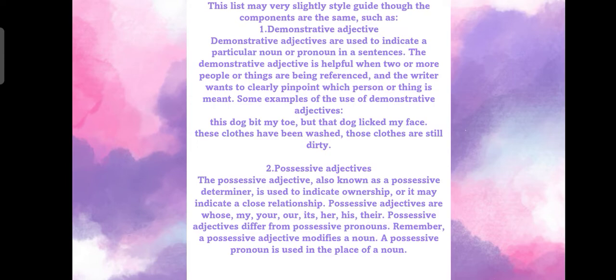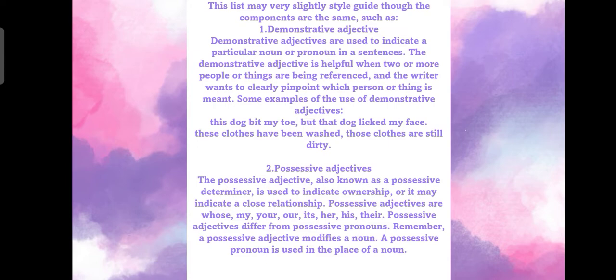Some examples of the use of demonstrative adjectives: This dog bit my toe, but that dog licked my face. These clothes have been washed. Those clothes are still dirty.